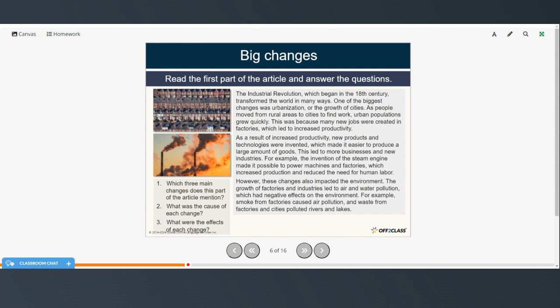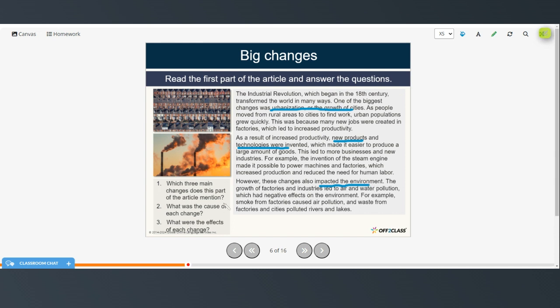So which 3 main changes does this part of the article mention? Well, they mention urbanization, or the growth of cities, the invention of new technologies, and impacts to the environment like air and water pollution.